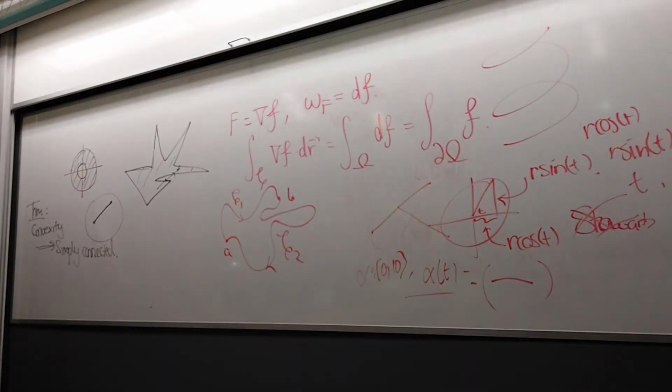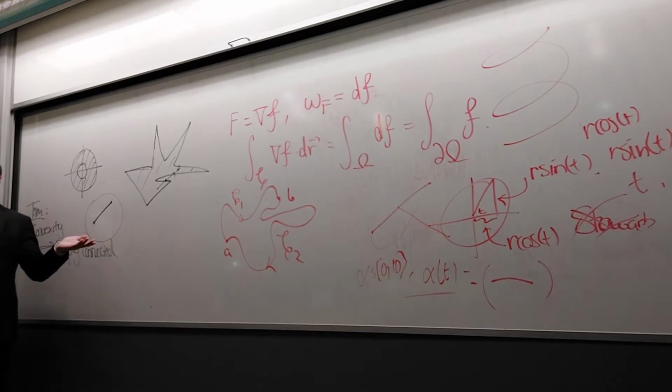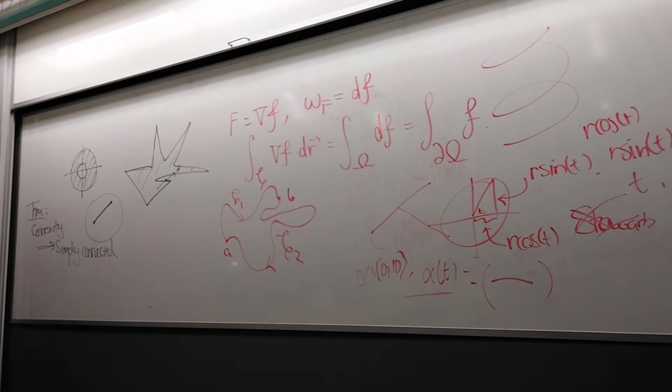But the converse does not hold. The converse is certainly not true by this chicken foot example. This is simply connected but not convex. Be aware of that because I may say, let omega be a convex set, is the following true? And you would need to know that convexity implies simply connectedness and then use whatever theorems I tell you about simply connectedness.